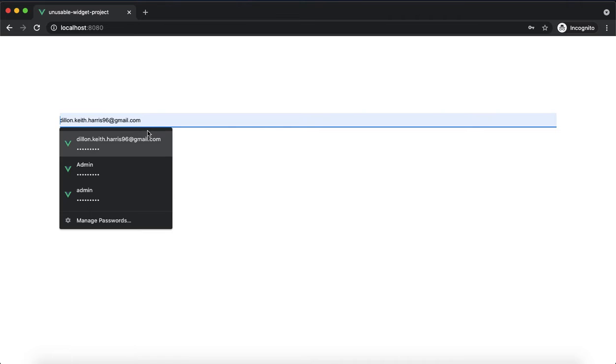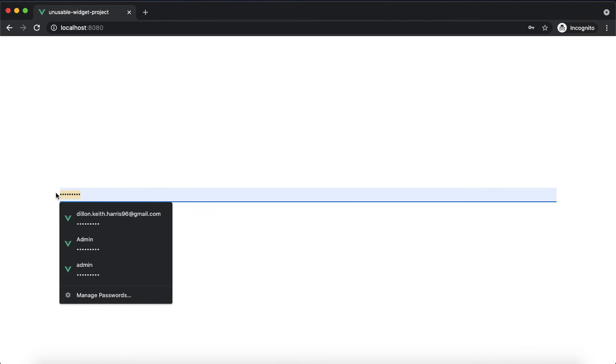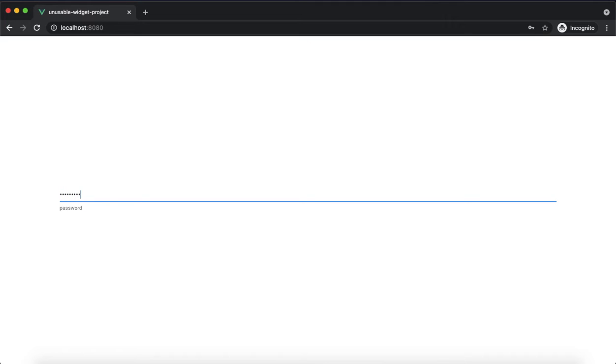She filled out her email, scrolled down, she put in a secure password, and she almost clicked this button, which had she done would have cleared out everything that she had just put in.